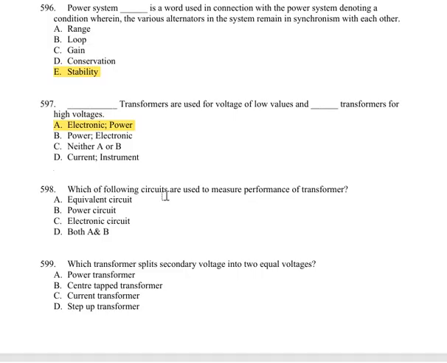Each of the following circuits is used to measure performance of a transformer: equivalent circuit. Each transformer splits standing voltage into two equal voltages: center tap transformer.